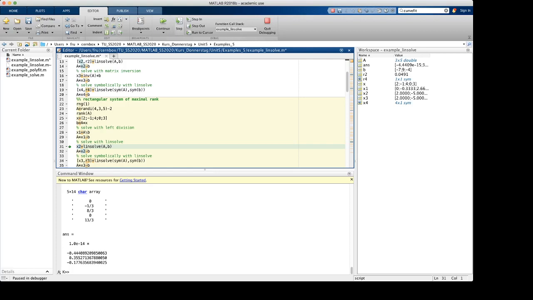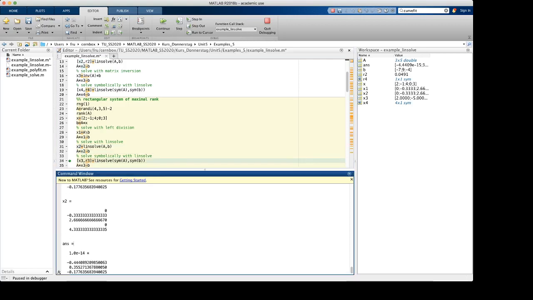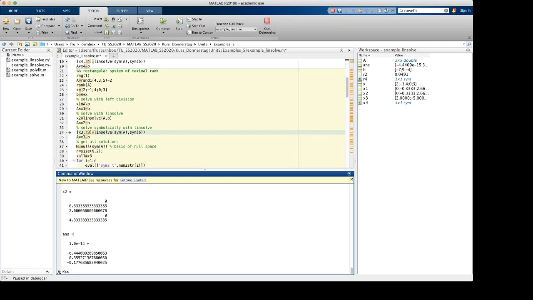Now, if we do the same with linsolve, we get the same solution again. Not surprising, it's the same algorithm. We can try to solve this symbolically with linsolve.